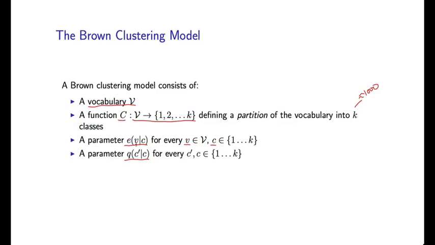So the critical question is going to be, how do we take a training corpus as input and as output produce these three things, the function C and these parameters E and Q? That's what we're going to come to next.